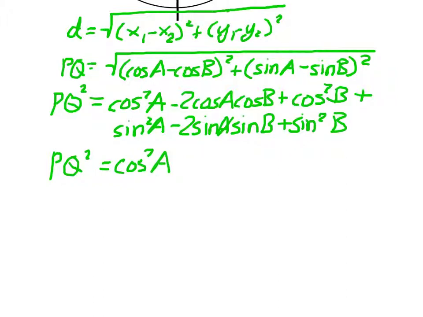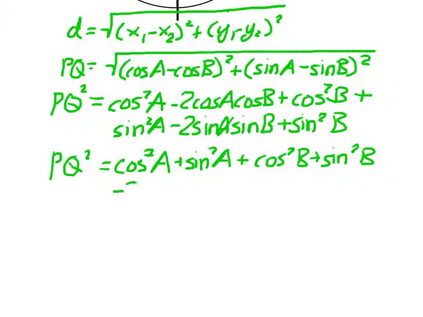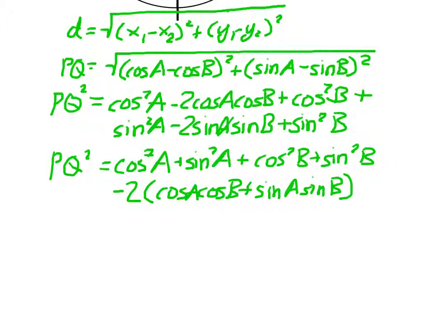So let's write cosine squared A plus sine squared A plus cosine squared B plus sine squared B. And then notice that these two terms with the cosine A cosine B, both are multiplied by minus 2, so we can factor out that negative 2, and on the inside we'll have cosine A cosine B plus sine A sine B. Okay, now you may have noticed the first 2 terms are cosine squared A plus sine squared A. We know from our previous studies that that is equal to 1.